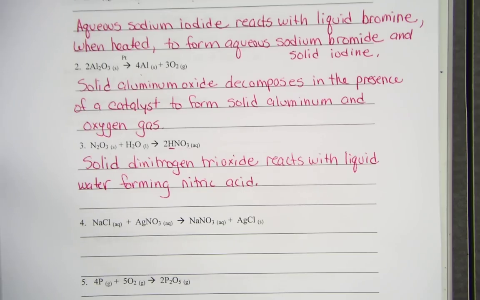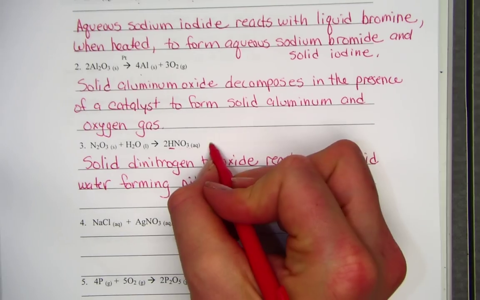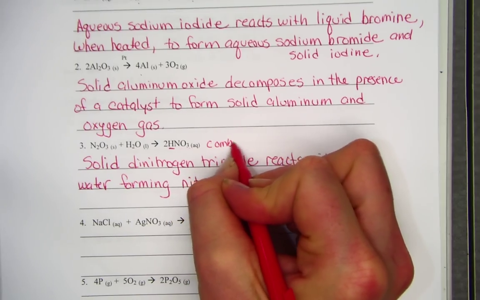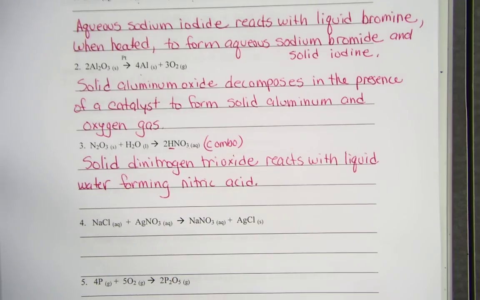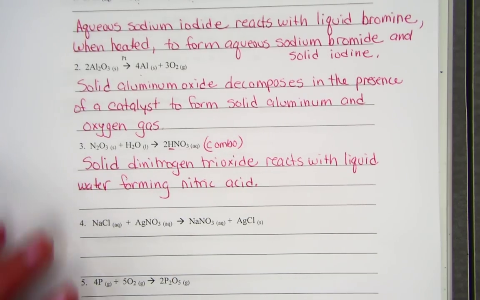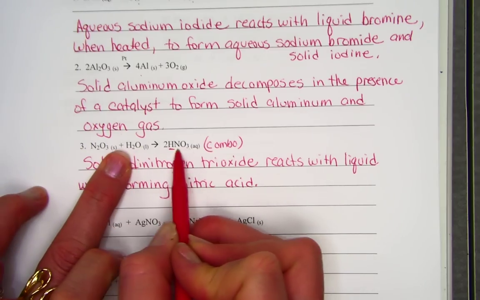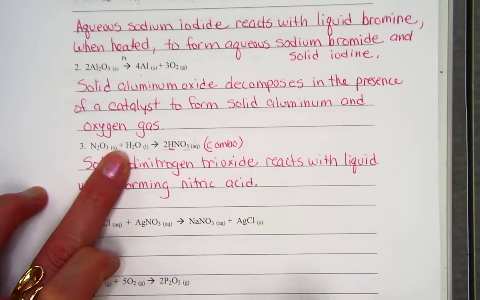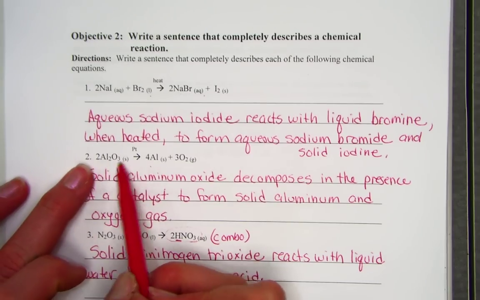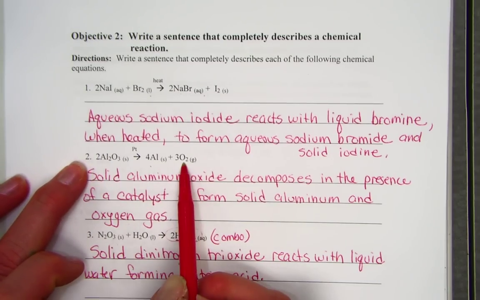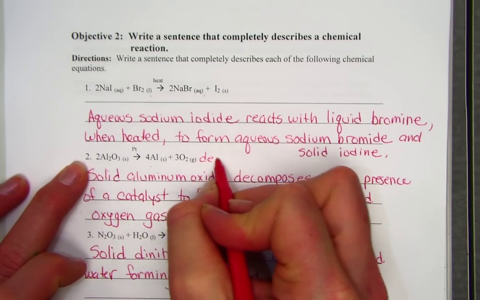Pattern of change looks like a combination. We produced a single product. By the way, let's back up and do that because it's just good practice to recognize the patterns. Two things combine to form a single product, combo. One reactant breaking down into simpler substances, this is a decomp.